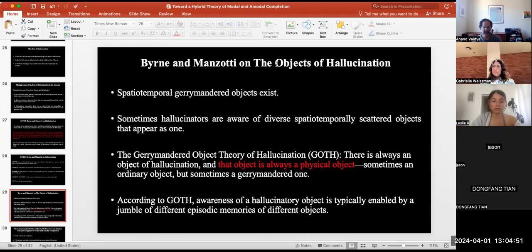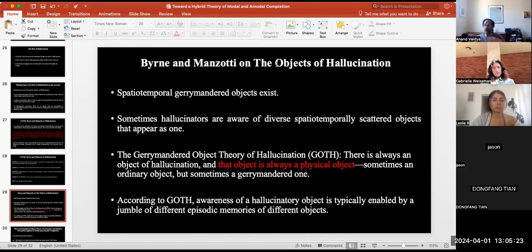They say the gerrymandered object theory of hallucination holds that there's always an object of hallucination, and that object is always a physical object, but sometimes it's not ordinary. Sometimes it's gerrymandered. What makes it gerrymandered but still physical is that the parts, spatially and temporally, are always physical objects, either from the past, the present, or located continuously, like in the champagne glass before it shatters, or discontinuously when its shattered parts are on the floor.